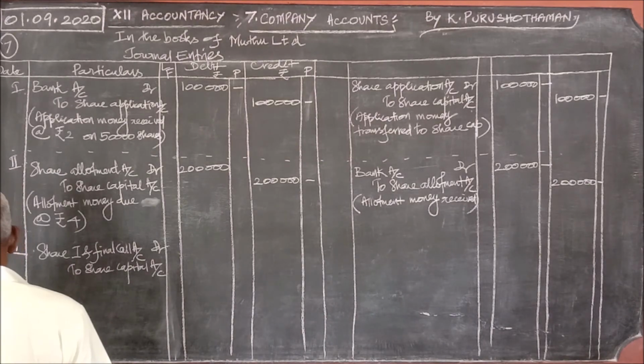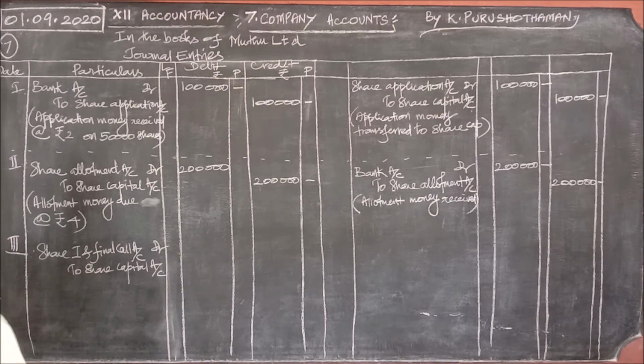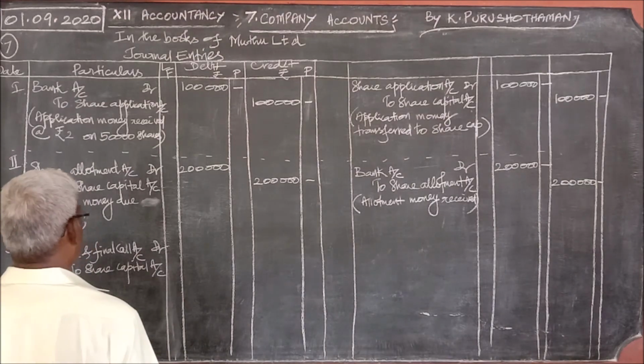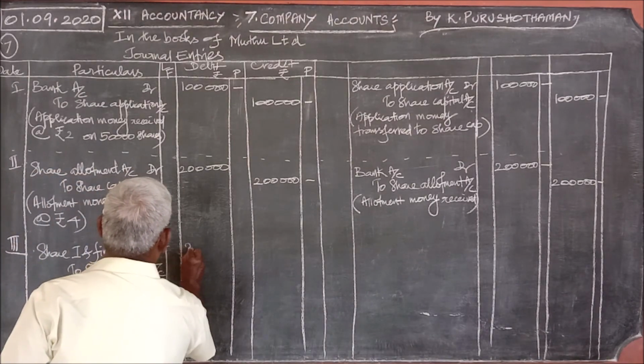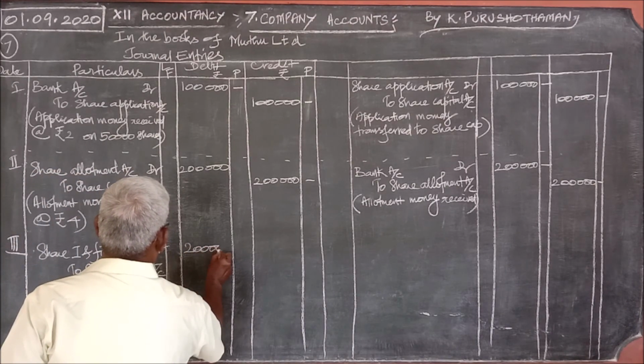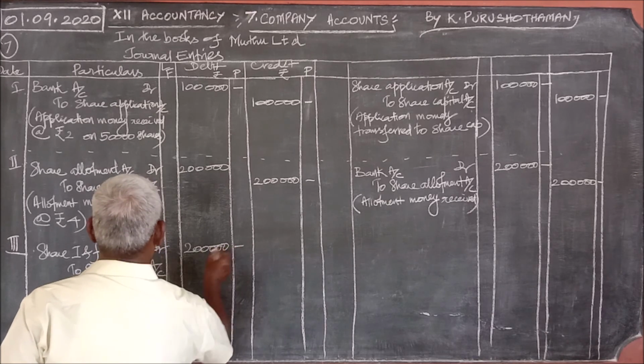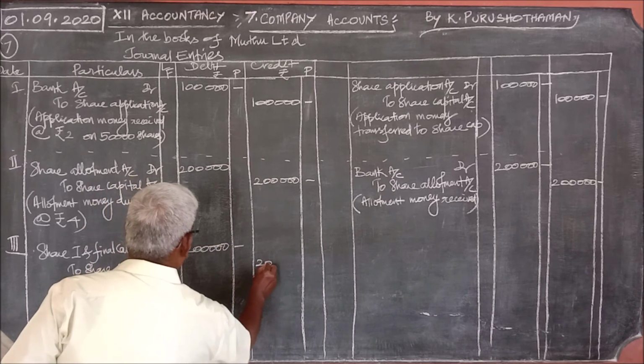What is the amount? 4 into 50,000, 2 lakhs. The same 2 lakhs.